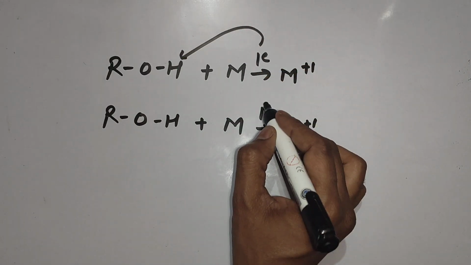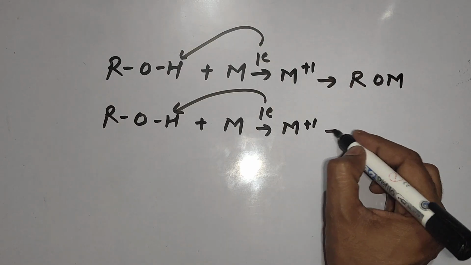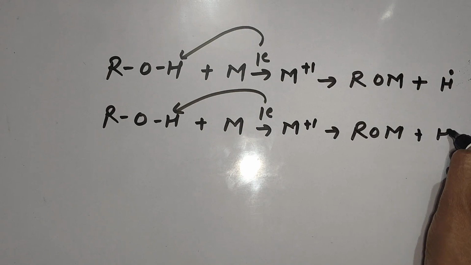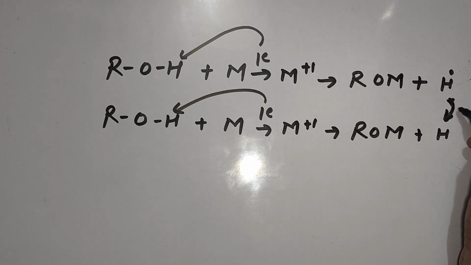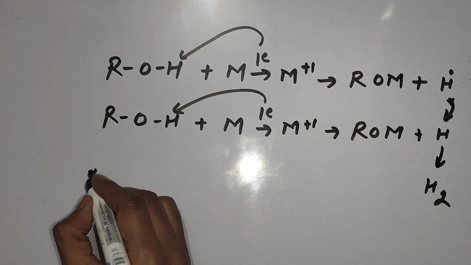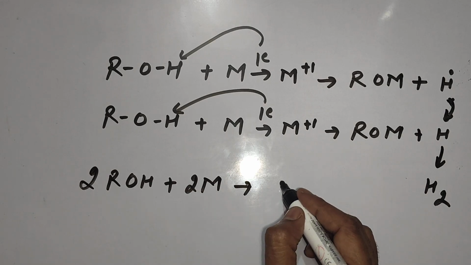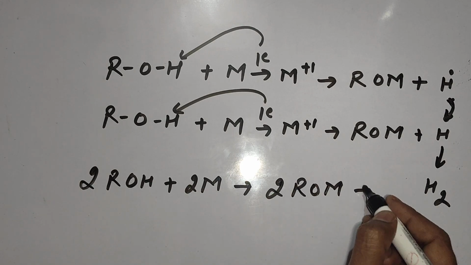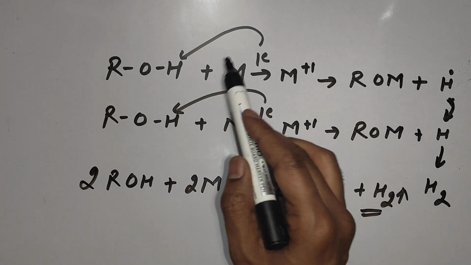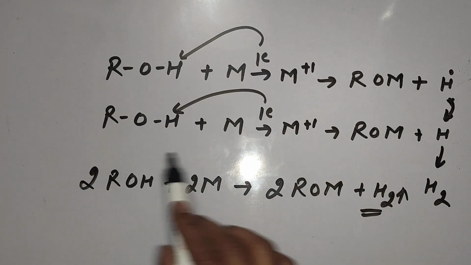These electrons are going toward hydrogen side, due to which ROM, here H free radicals are generated and they will combine to produce H2. So in balanced form you have to write this equation like this: 2ROH plus 2M making 2ROM plus H2 gas. Metals which are losing one electrons like sodium, potassium, for those metals we have to follow this balanced equation.